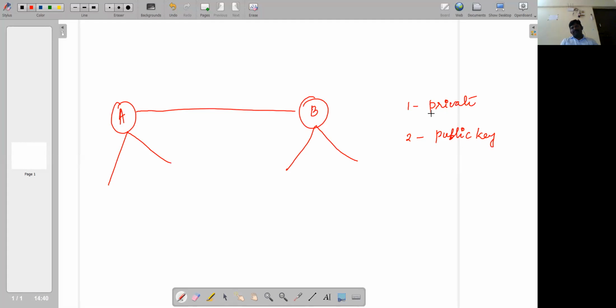The private key is notated as PK, and the public key is represented as PU. So each user has two keys: user A has the private key of A and the public key of A, and similarly user B has the private key of B and the public key of B. I hope this is clear.